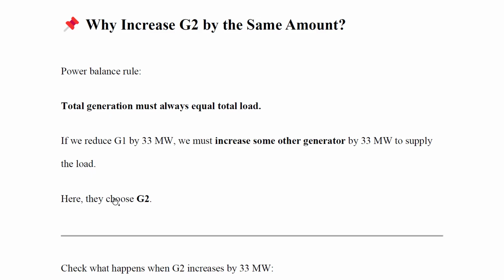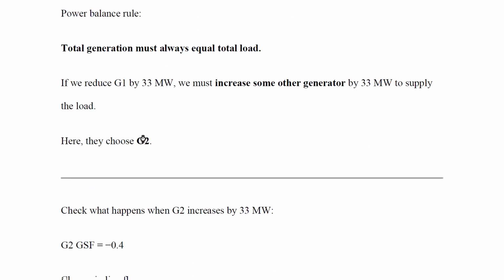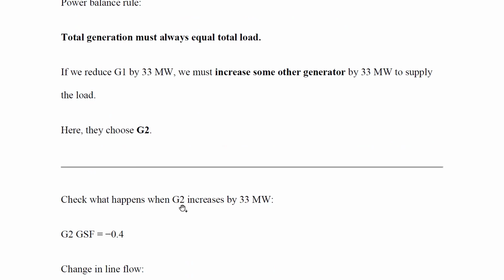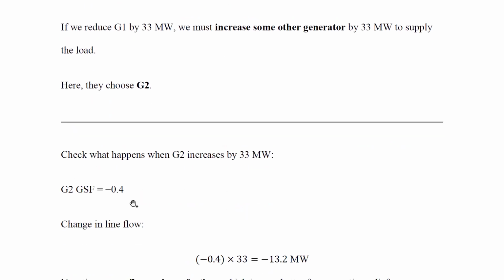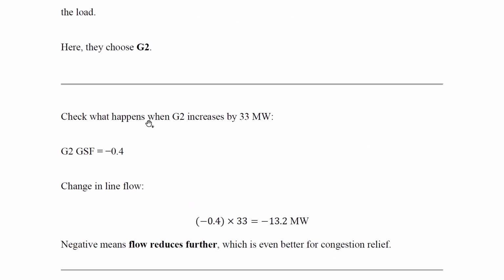Here we have generator 2 also. So check what happens if generator 2 increases generation by 33 megawatt, because generator 2 sensitivity factor is minus 0.4. We are just assuming what happens when generator 2 increases by 33 megawatt.